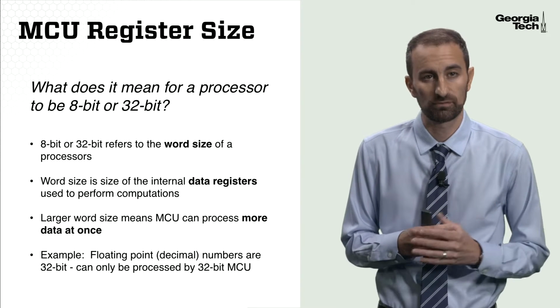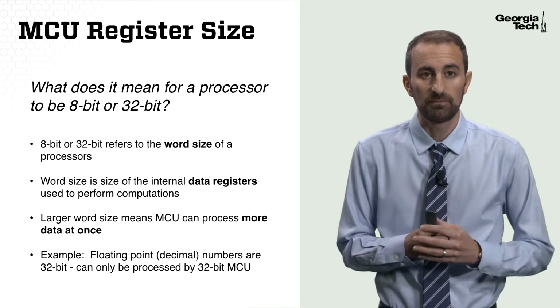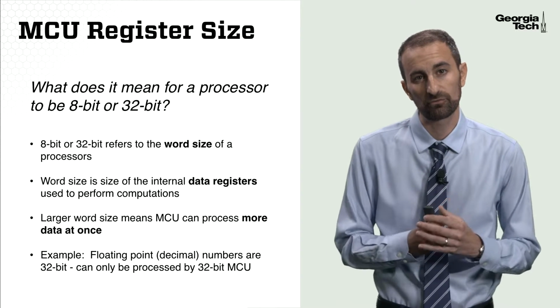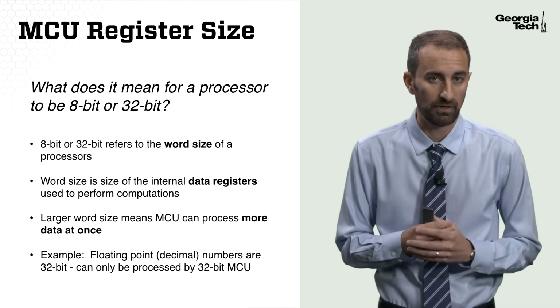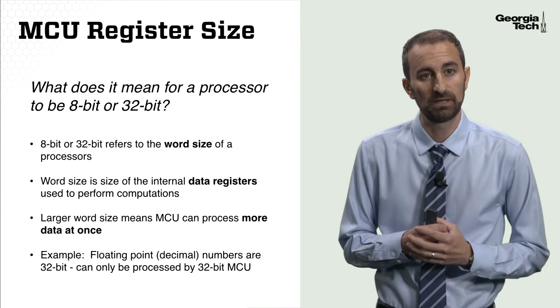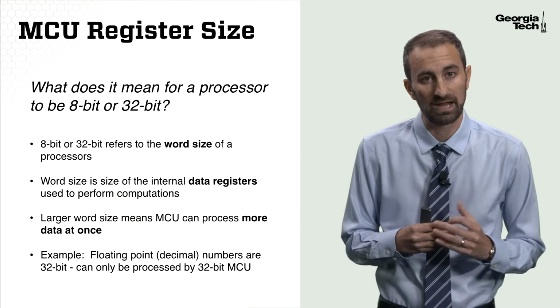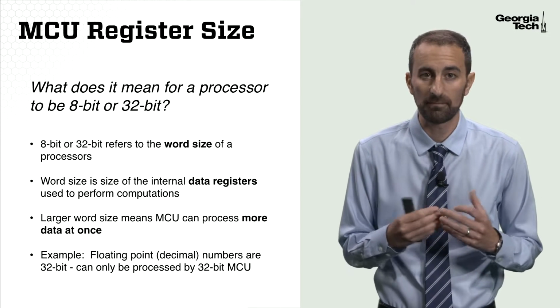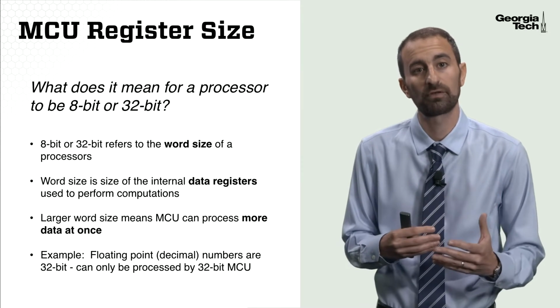Now, a larger word size means that a microcontroller can process more data at once because the internal data registers are larger. For example, a floating point decimal number takes up 32 bits of space. So that can only be processed by a microcontroller that has a 32-bit data register. So that microcontroller has to be a 32-bit microcontroller. It has to have a 32-bit word size.